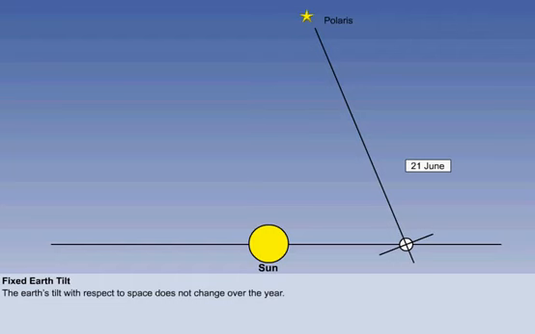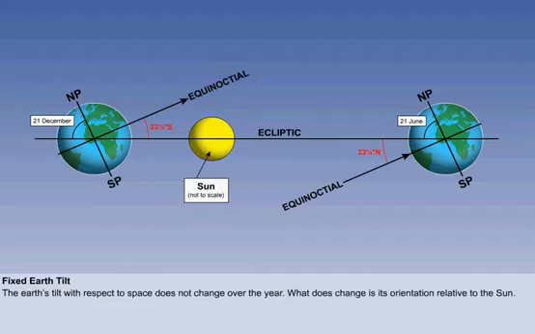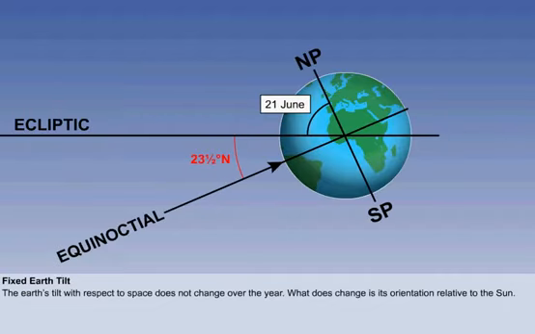In order to define points in space, we need a celestial reference system similar to latitude and longitude. With latitude, we take the equator as the reference and measure the elevation angle to some point on the Earth's surface.